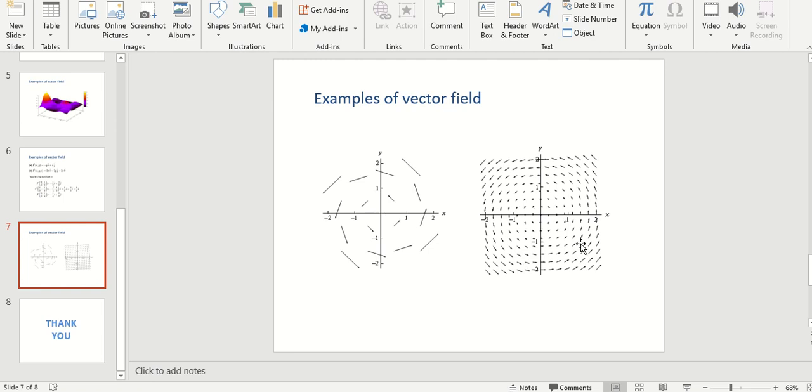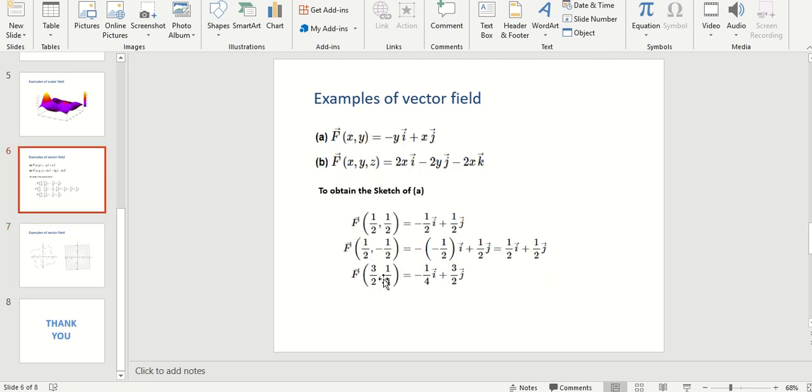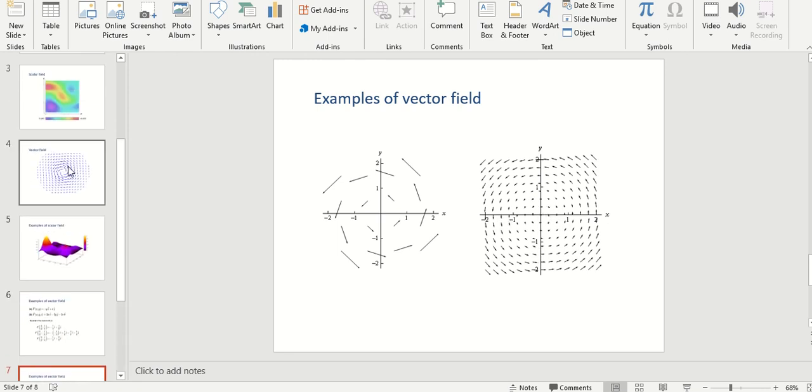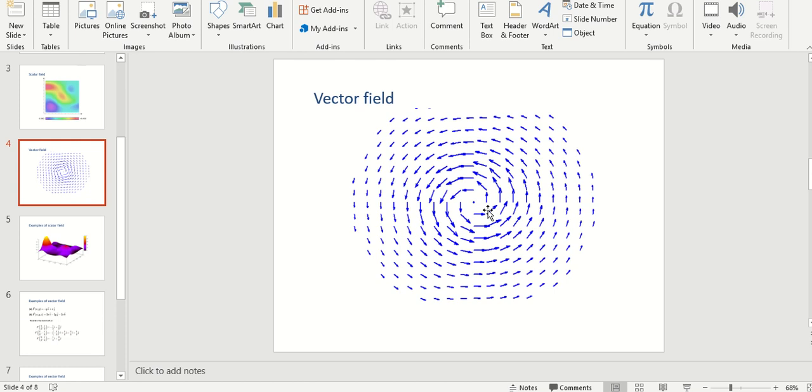Now this diagram can be obtained by extending those values, that is putting some more different values of x and y, like this we are putting many values, and we are getting this diagram. So look at these diagrams, it is actually nothing but this one.